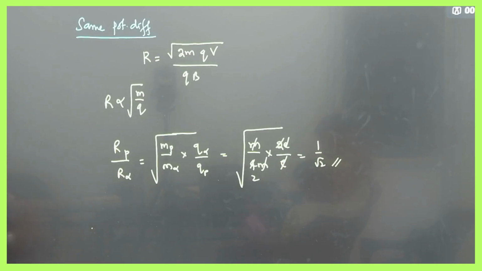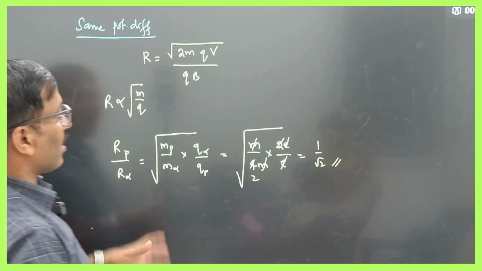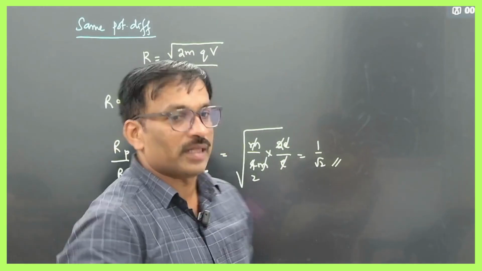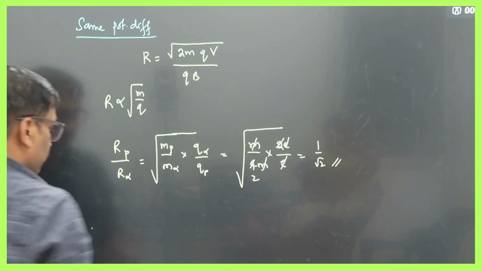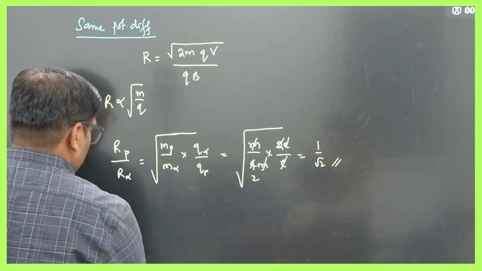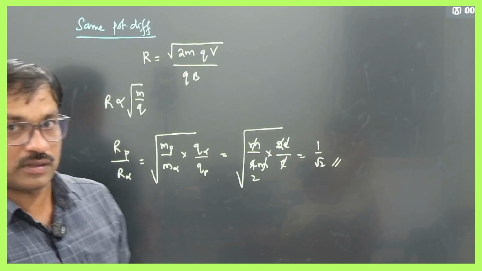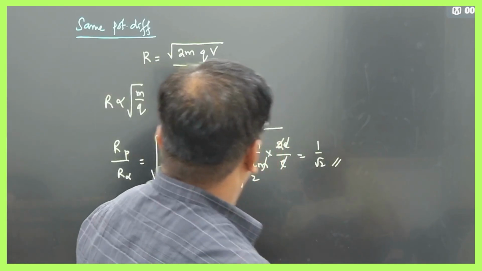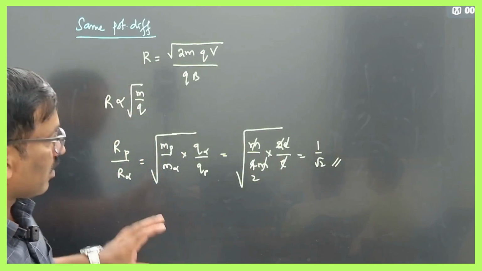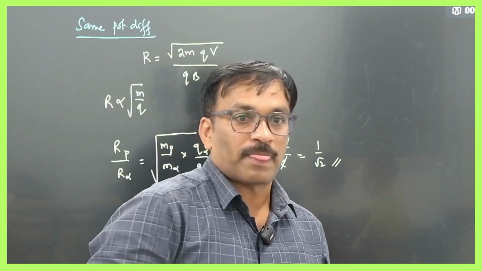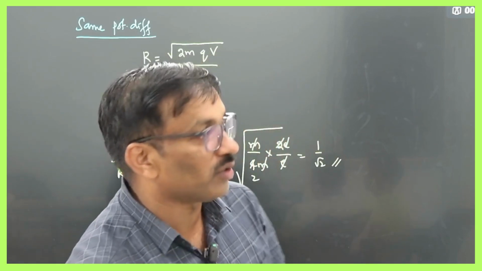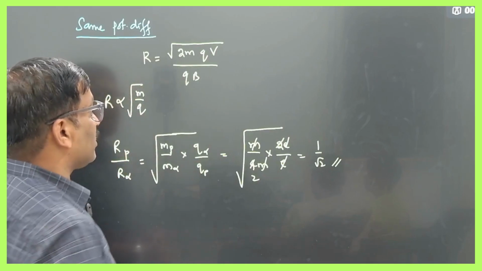Clear? So in all the situations you can calculate the time period and the angular velocity. Now sometimes one question they can ask is what will be the curvature. If they are asking the curvature, what you have to do? Curvature means what?